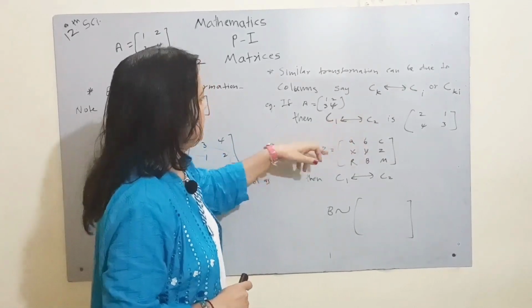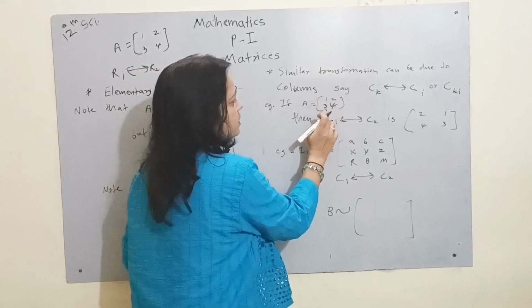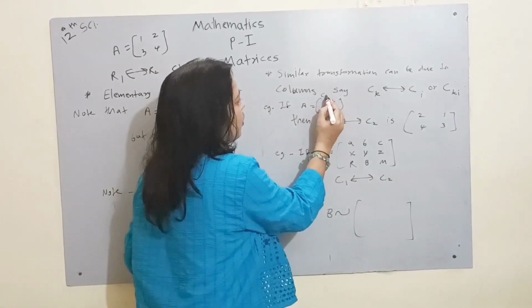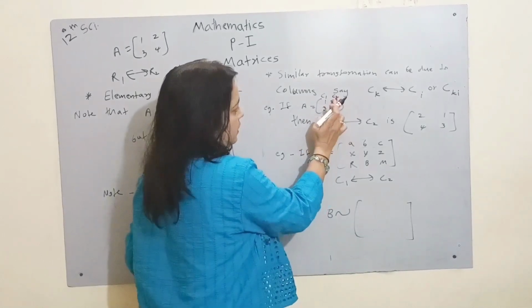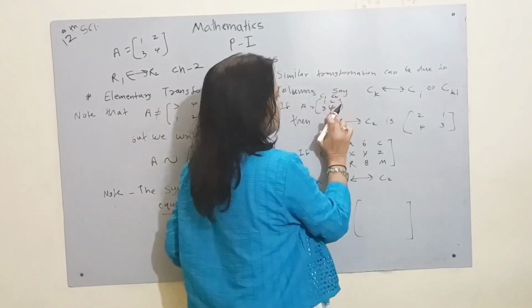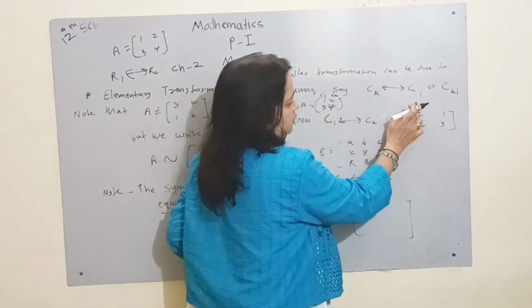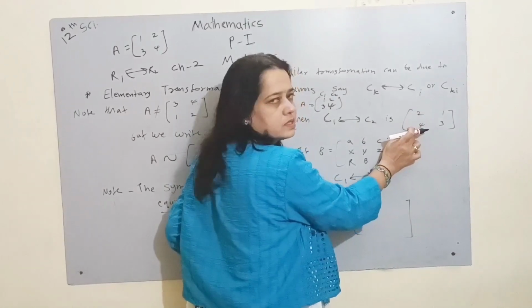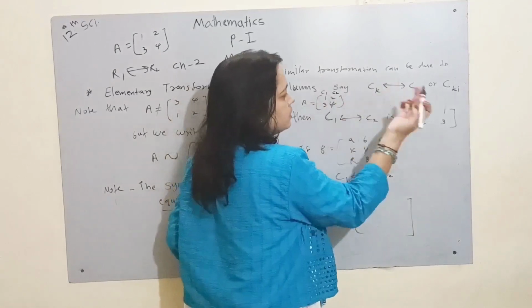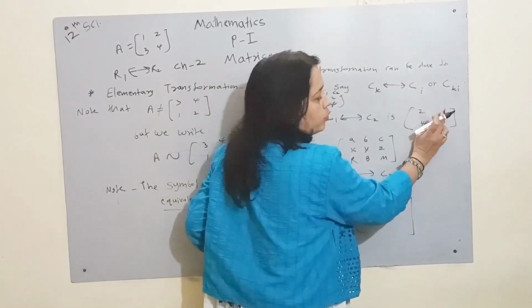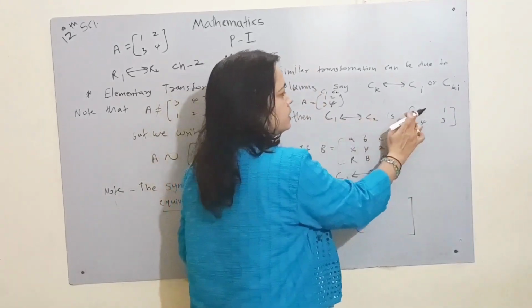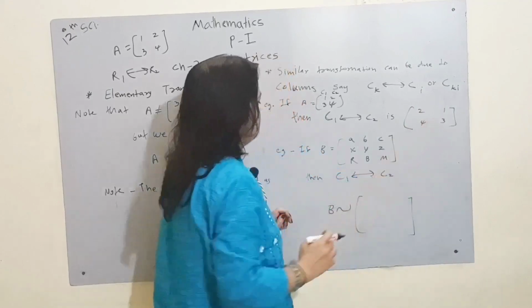This is the first column, 1 3, and 2 4 is the second column. So write C2 here and C1 here. What is C2? 2 4. So write it in place of C1: 2 4, and the first column 1 3 in column 2. So after C1 to C2 we get 2 1 4 3.